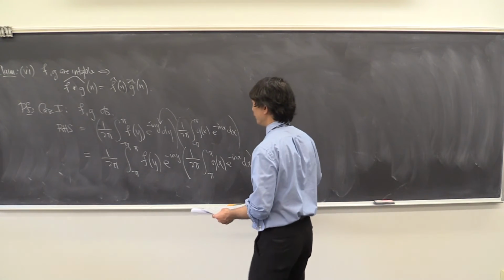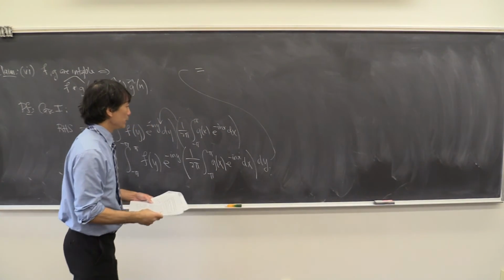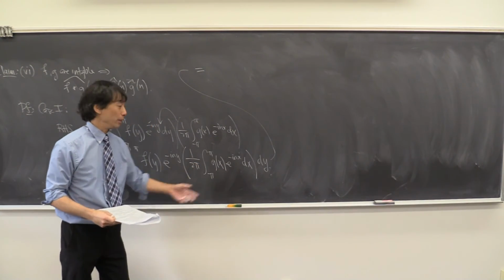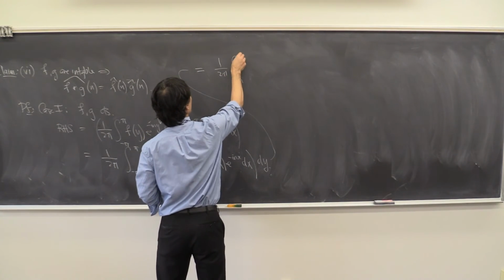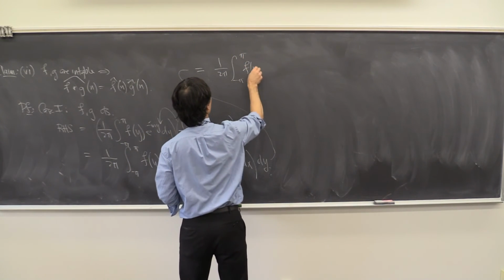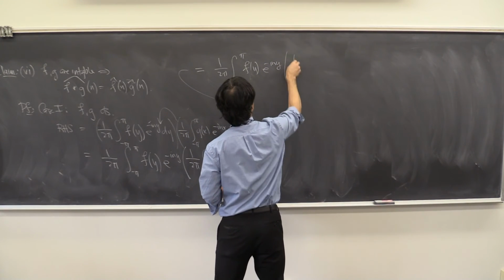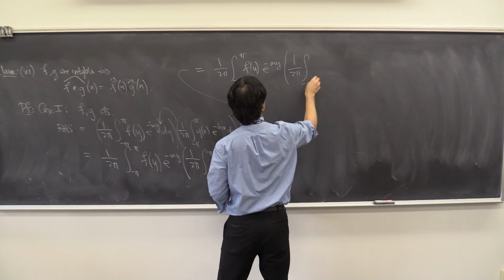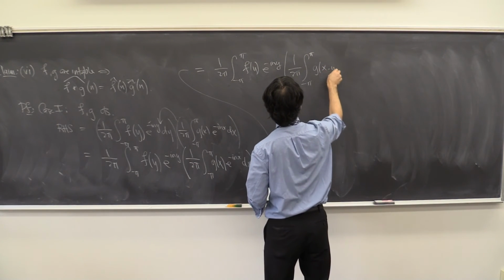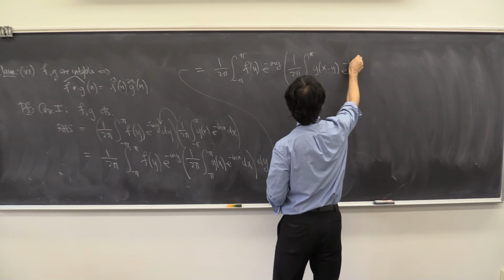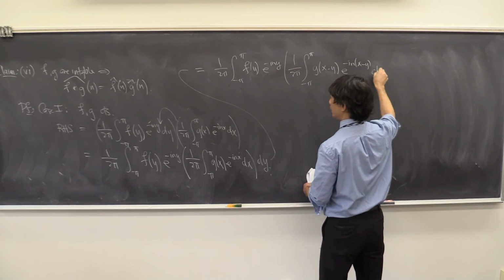Then I do a change of variables on this guy. Really not much is going on. I'm just going to slide it over by y. So g of x minus y, e to the negative i n, x minus y, dx dy.